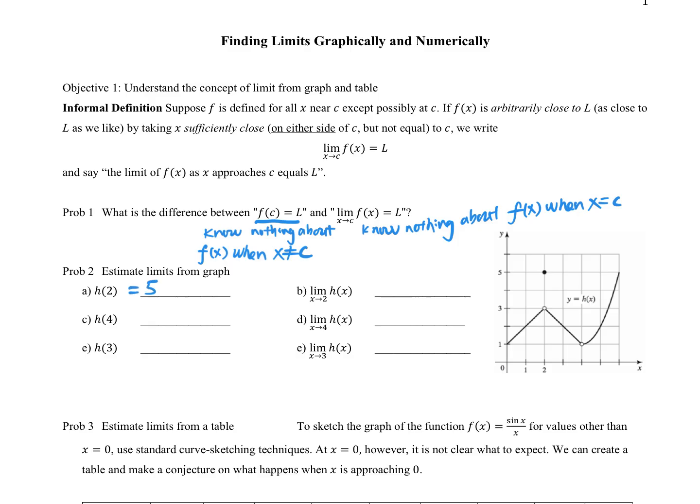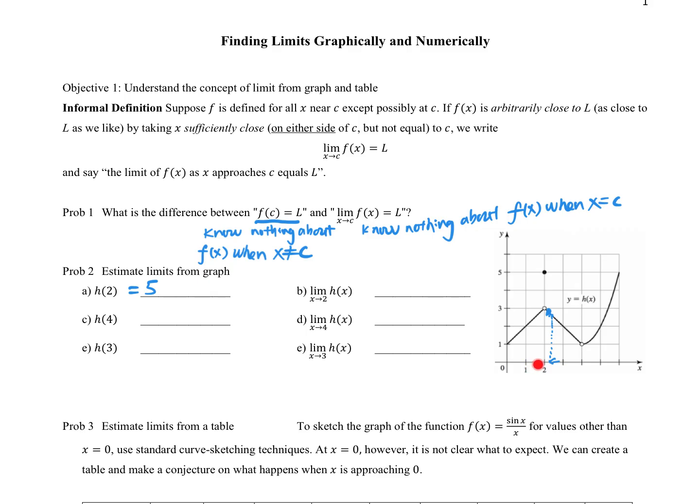Now the second part is, when x is approaching 2, how does h behave? Let's take a look at the graph. When x is approaching 2, a little greater than 2, this is the function value. And when x is getting closer to 2, we can see the function value is actually approaching these little open dots from both sides nearby.